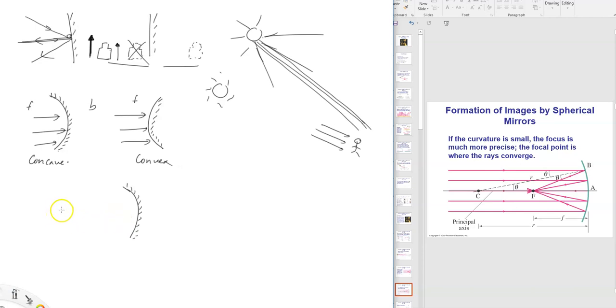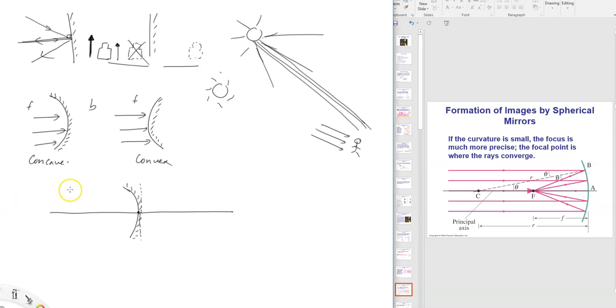Whenever we talk about ray diagrams, we draw something called the principal axis, a line that goes through the center of the mirror, and it has to be perpendicular to the mirror, right? So this is our central axis. And for all our measurements, we draw a line behind the mirror. You don't have to actually draw it, but we make all the measurements from this point, the midpoint of the mirror, right?